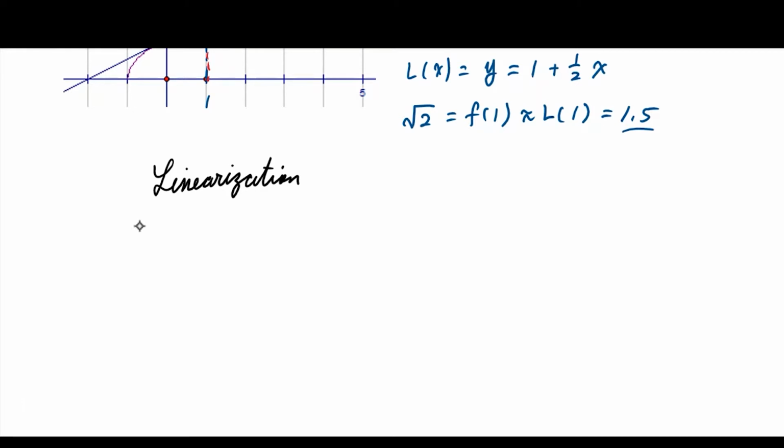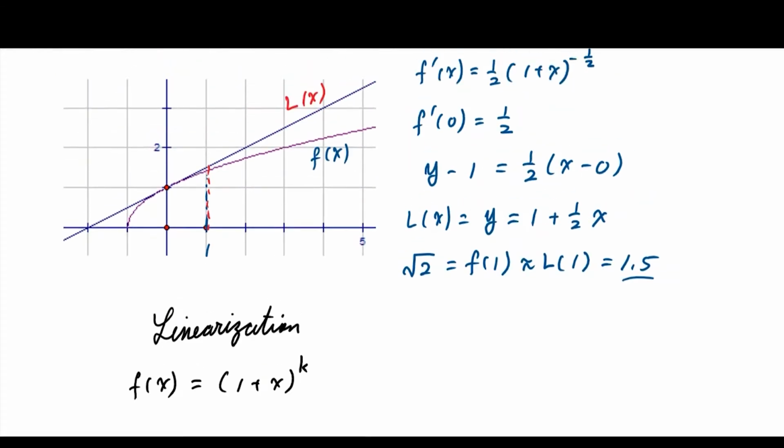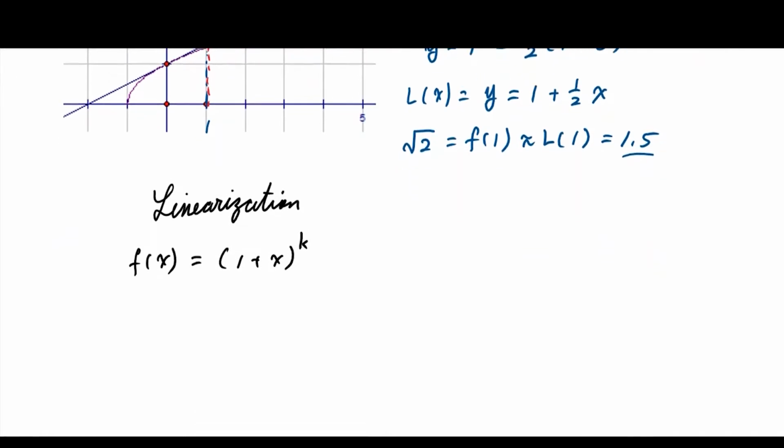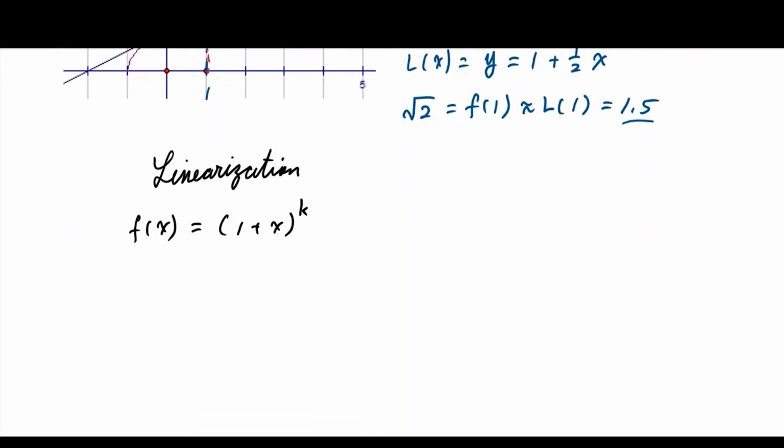So here's the thing. We have f of x, right? Say f of x happens to work with this kind of particular form, 1 plus x to some k power. And k needs not be an integer, because in our first example, it was 1/2. You know what I'm saying? So any k will do. And so we have f of 0 is 1 again, isn't it? We're redoing exactly the same thing.